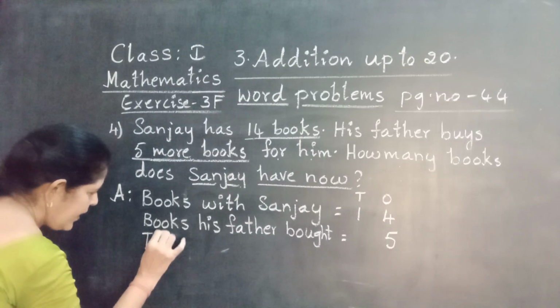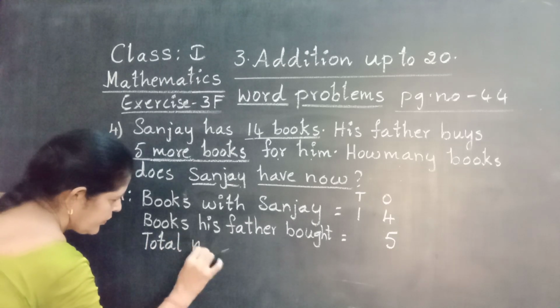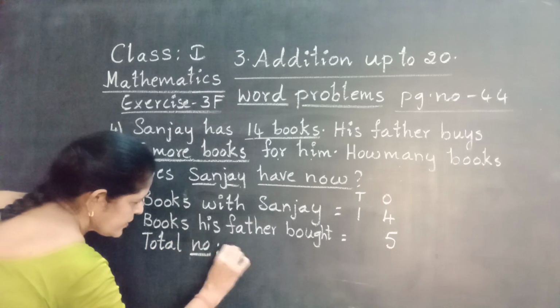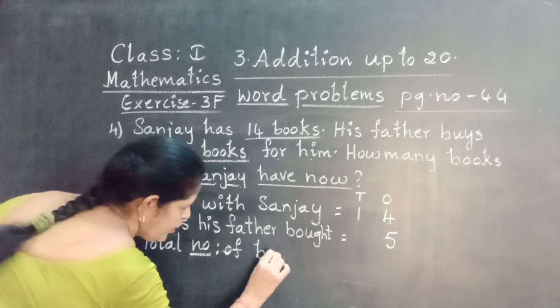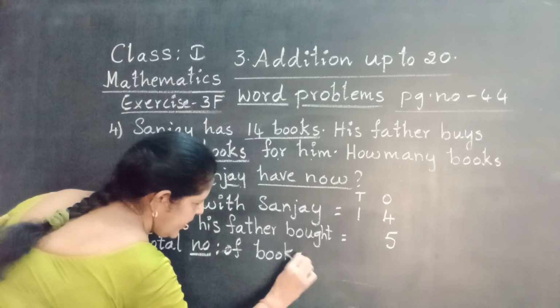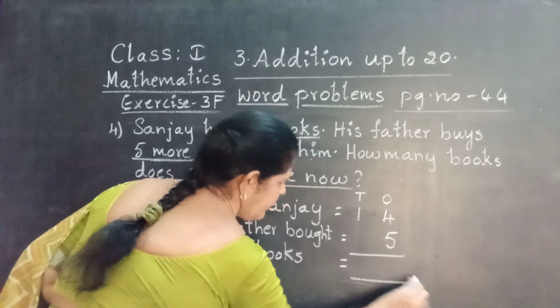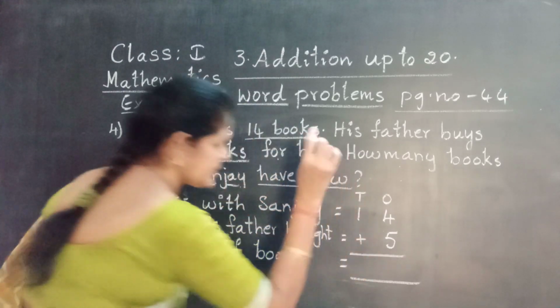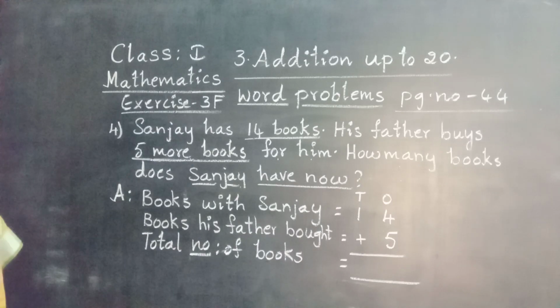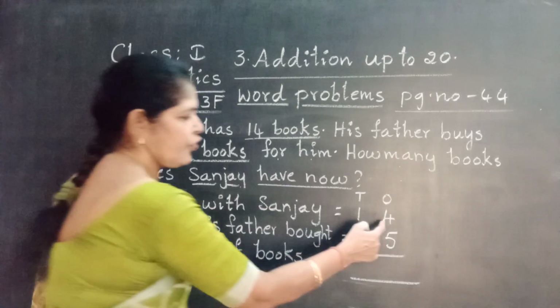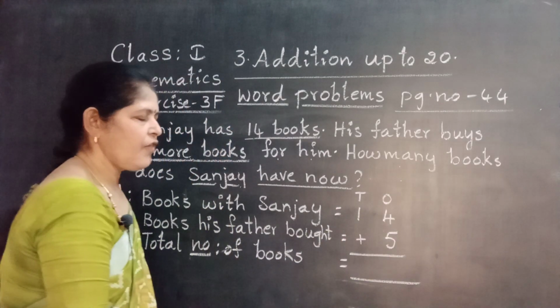Now total number of books. Total books with Sanjay: 14 plus 5. Here we get the total by addition. 4 plus 5. First adding ones.